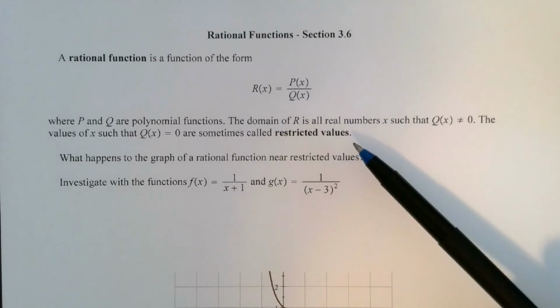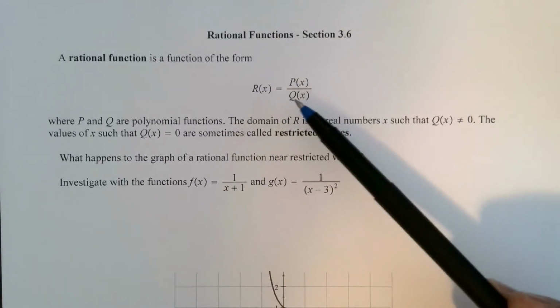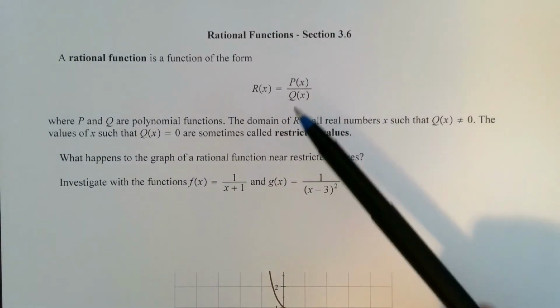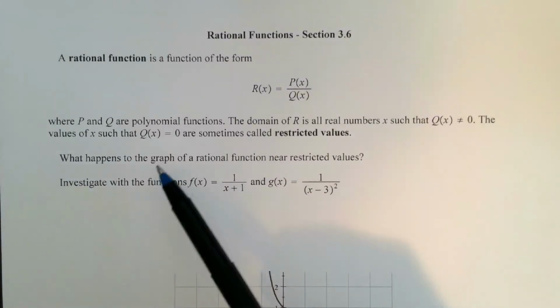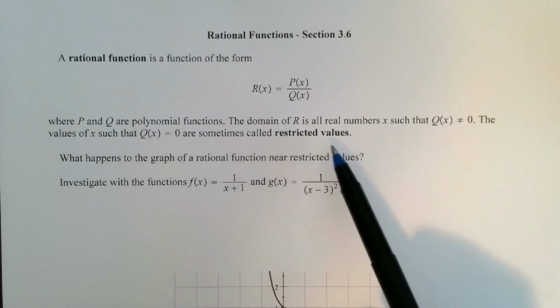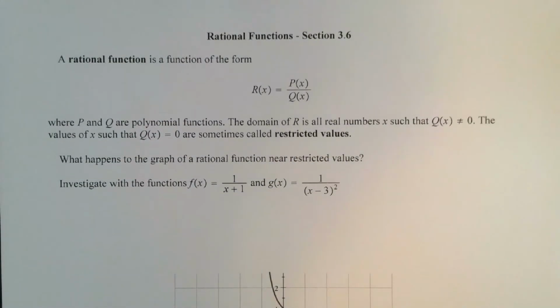It's all real numbers x such that q of x, this polynomial in the denominator, is not zero. If there's any value of x that makes the denominator zero, we would eliminate that value of x from the domain. So those values, by the way, that cause the denominator, this q of x function, to be equal to zero, are sometimes called restricted values. So the domain would be everything except restricted values.